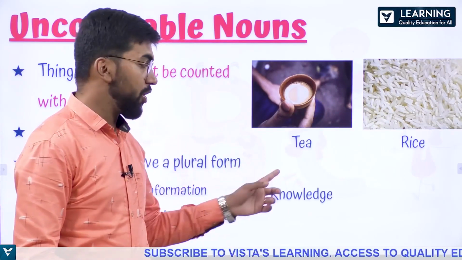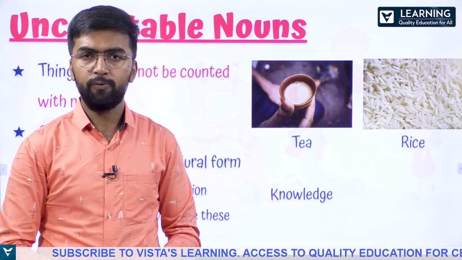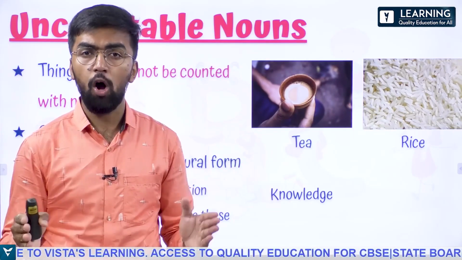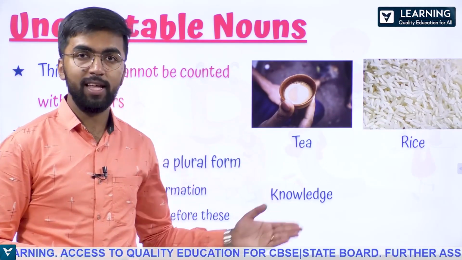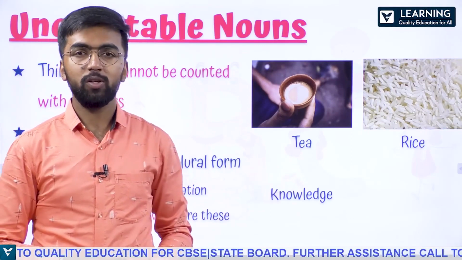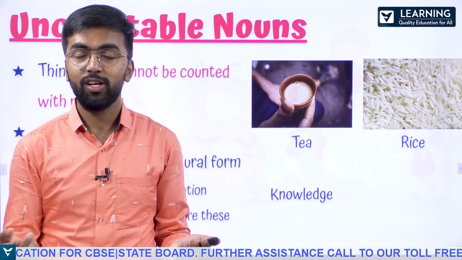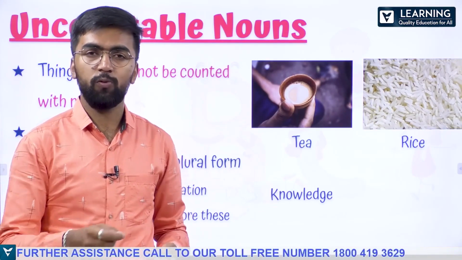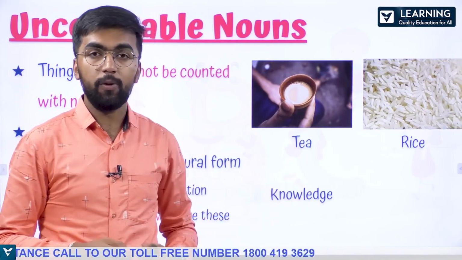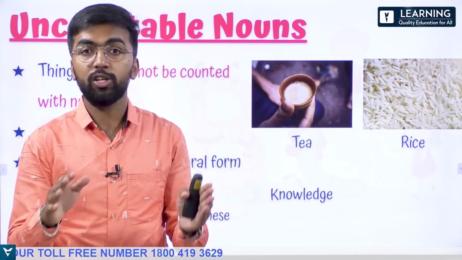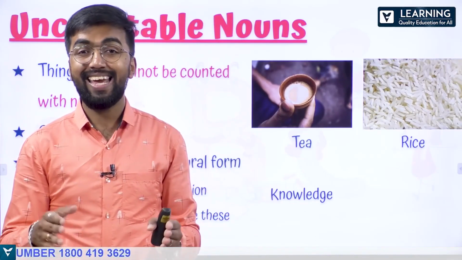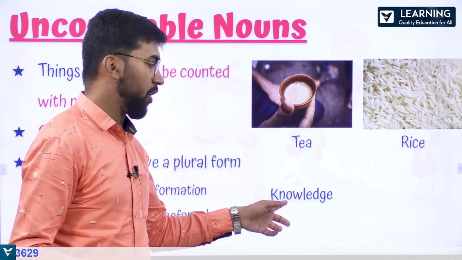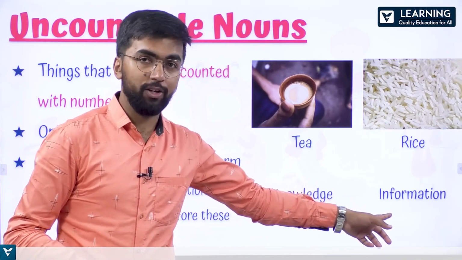Also, knowledge. All of you have a lot of knowledge. There is no picture because we cannot see knowledge. Hence, uncountable nouns are also for those nouns that we cannot see or touch, but they exist, like knowledge and information.